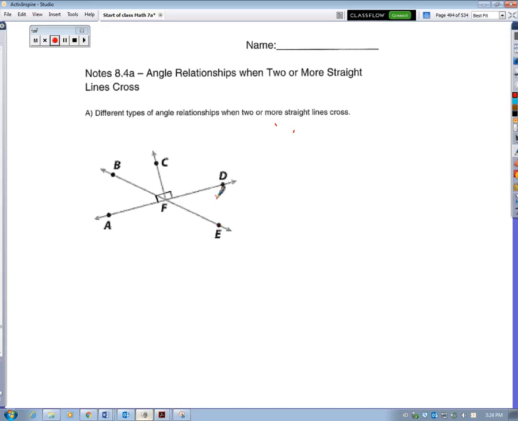We're going to use the angle symbol, which looks like that, and we're going to use either of these points, it doesn't matter. We can start with D, and this angle is going to be called DFE. We start with the outside point, then we go to the middle of the angle, and then we go to the other end of the angle. So this would be called angle DFE.